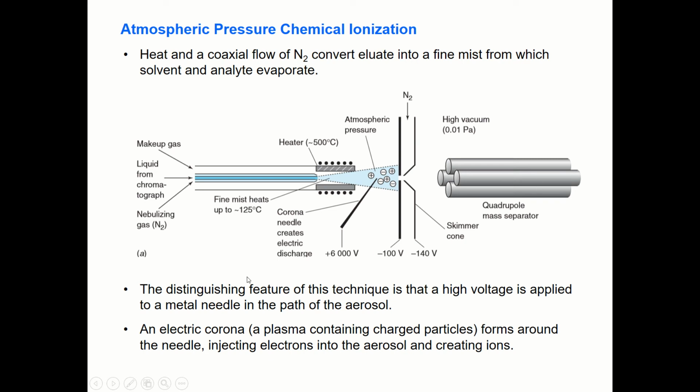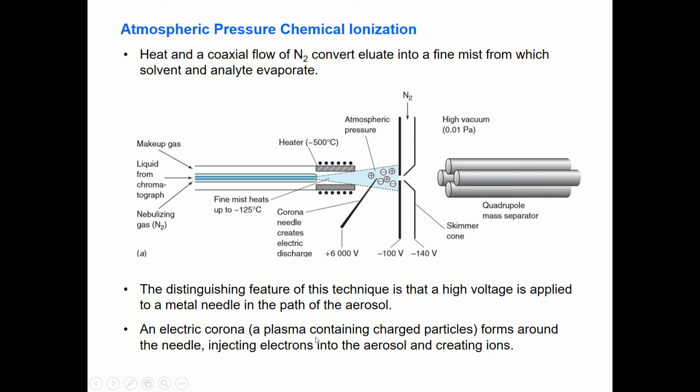The distinguishing feature of this technique is that, as I said, high voltage is applied to a metal needle in the path of the aerosol. And this is aerosol made using this nebulizing gas, nitrogen gas. The sample becomes a fine aerosol, and then by using this metal needle, it becomes ionized by an electric corona.